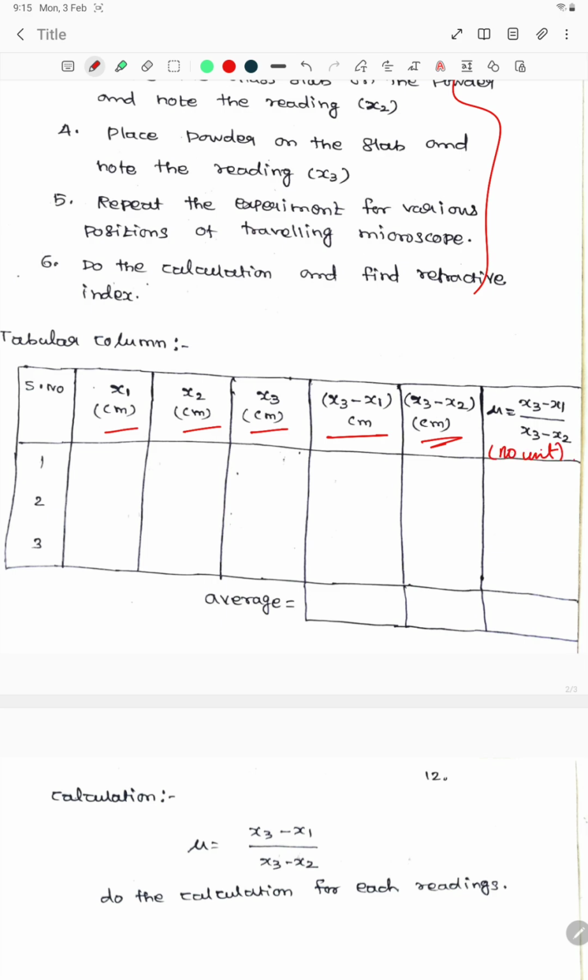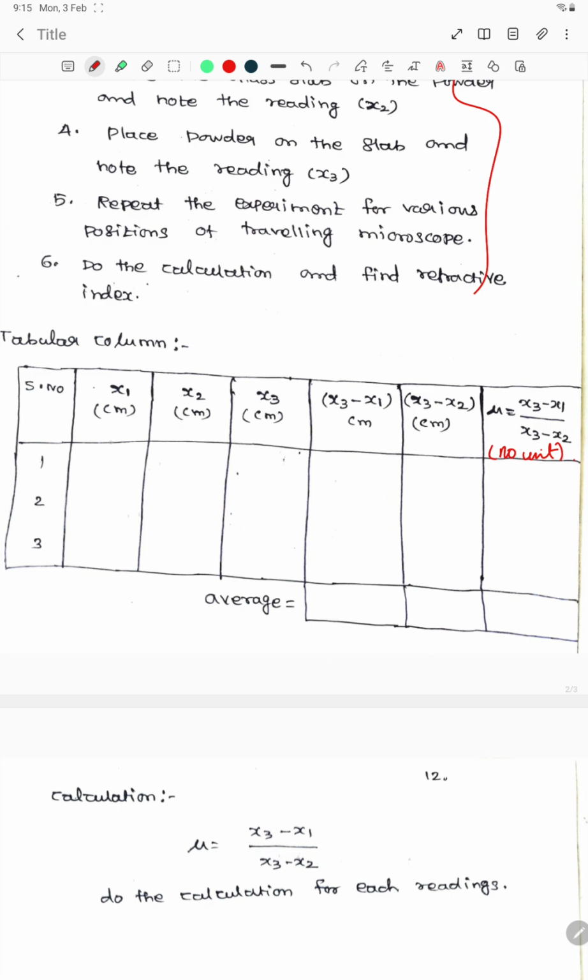This is the formula that you will be using, and the readings will be here. Usually in our lab the real depth is around 2 centimeter and the apparent depth is around 1.4 to 1.3 centimeter. When you find the readings, make sure the average is around 2 for the real depth, and around 1.3 or 1.4 for the apparent depth.